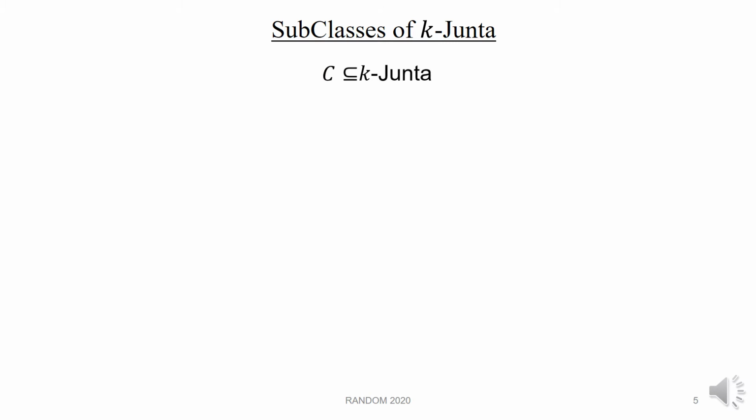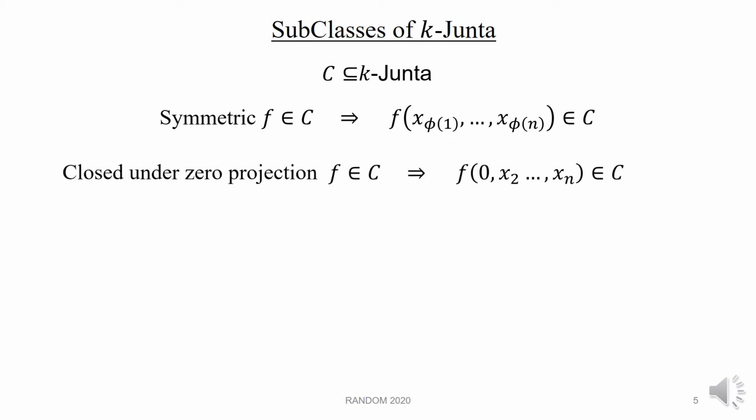We're interested in constructing testers for subclasses of k-juntas, subclasses that are symmetric. That is, if f is in C, then for any permutation phi of the indices of the variables, f(x_phi(1), ..., x_phi(n)) is also in C. And C is closed under zero projection.